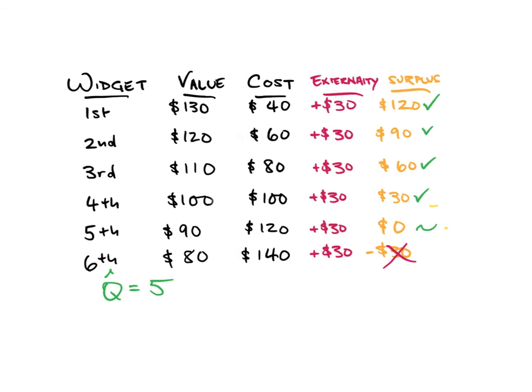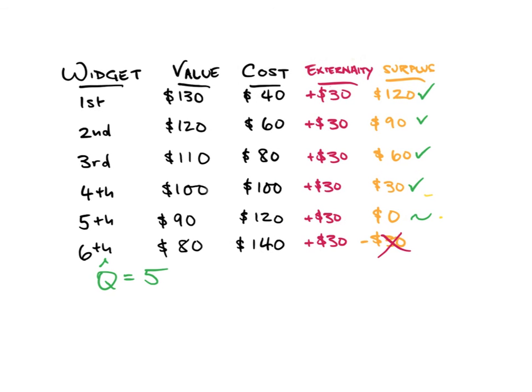If we're applying the same criteria as before, go ahead and produce as long as the total surplus is not negative. The social planner would say we should produce 5 widgets in this market. It is worth producing the 5th widget.